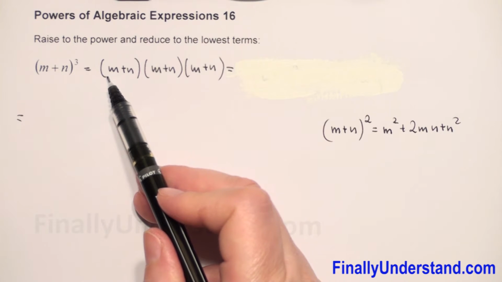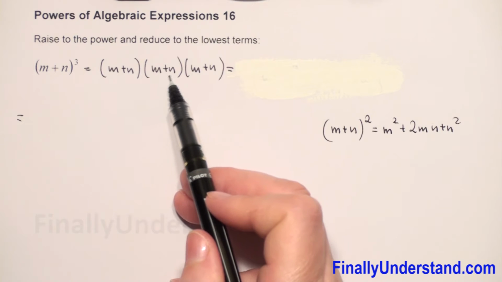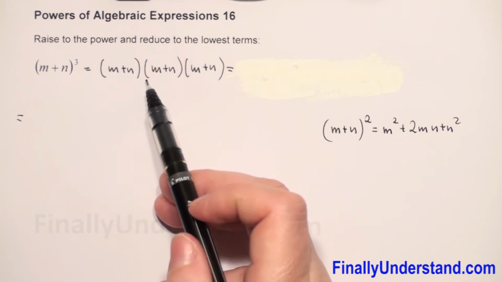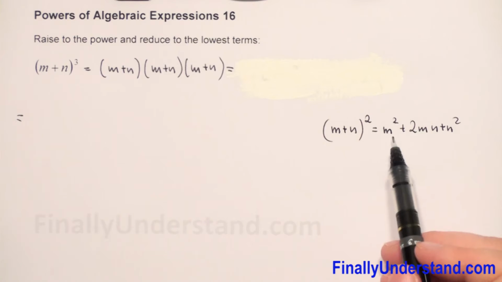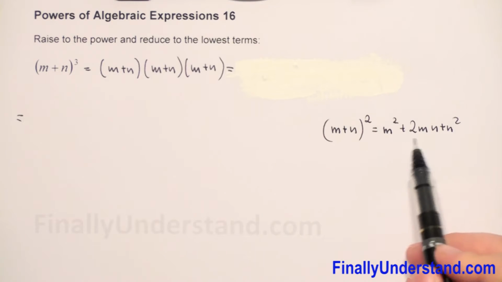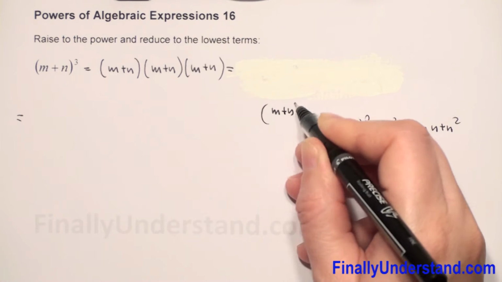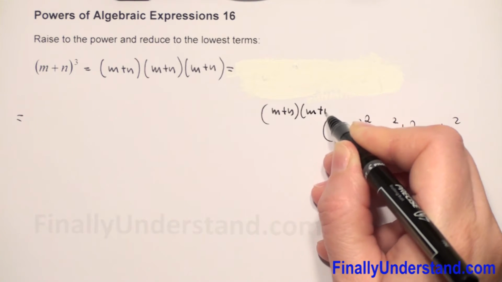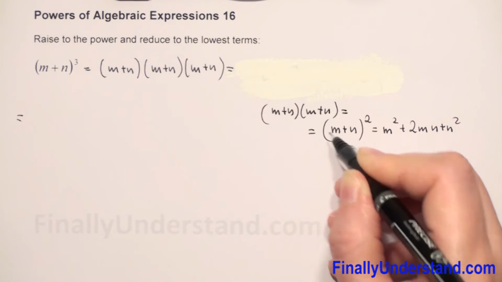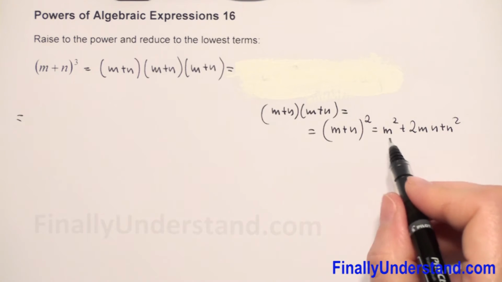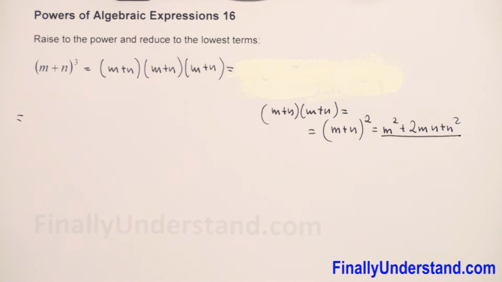You can multiply every expression in the first parenthesis by every expression in the second parenthesis. And when you combine the like terms, you will get exactly the same as what I have here. Let me write this here. Maybe m plus n times m plus n. This is equal to m plus n to second power, and this is equal to that form.